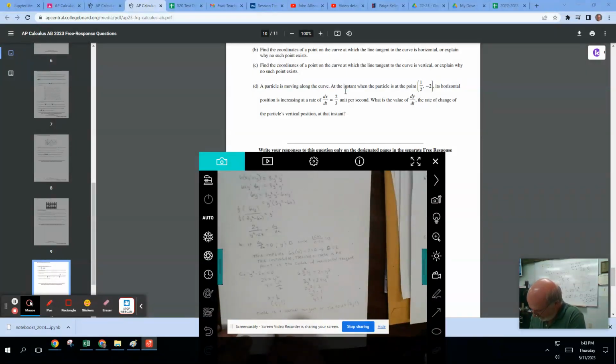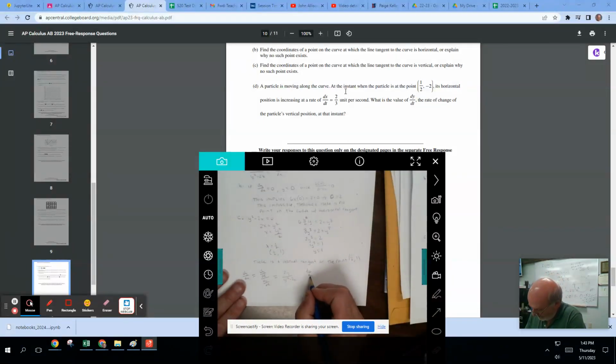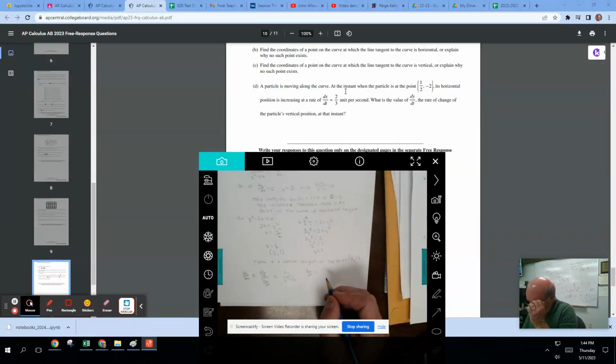So dy dt over dx dt equals 2 times y over y squared minus 2x. So that means that dy dt equals, and now we're going to go ahead and plug in, this is the point 1/2, -2.